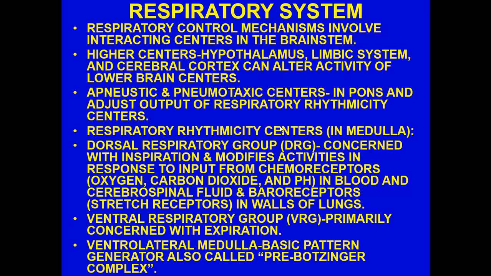These are stretch receptors in the walls of the lung. So all of this information is feeding in to the DRG. The ventral respiratory group, VRG, is primarily concerned with expiration. And then we have in the ventrolateral medulla a basic pattern generator. It's also been referred to as the pre-Botzinger complex.